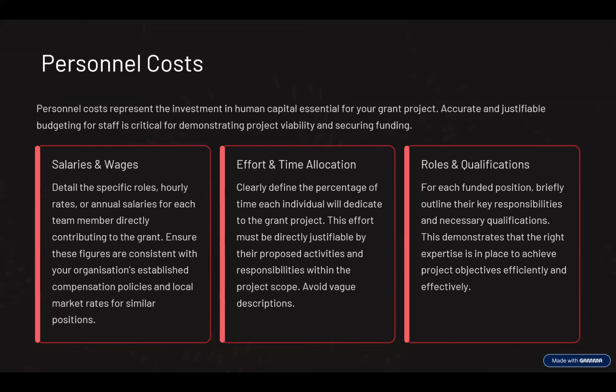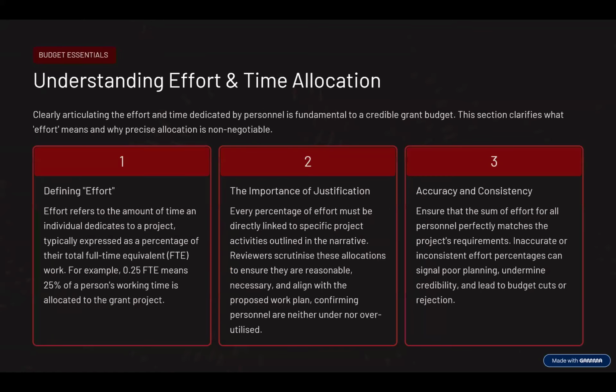Another part is the roles and qualifications. For each funded position, you have to briefly outline their key responsibilities and necessary qualifications. That is to show that the right people are in place to achieve the project's goals.